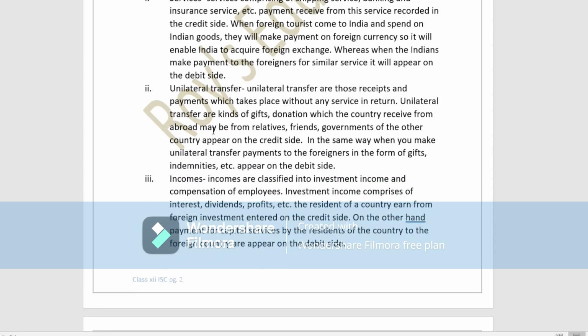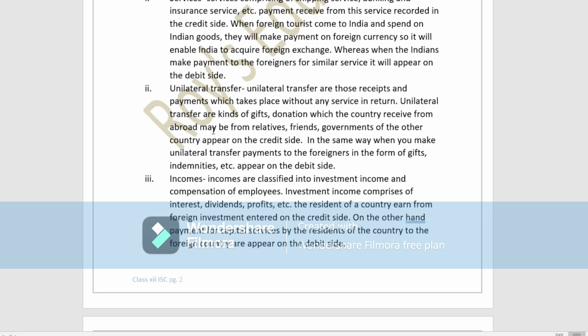Next is unilateral transfer. Unilateral transfer means the payment which takes place without any service in return. That means when we are giving gifts to foreigners, in return we are not receiving any benefit. We are just giving the gifts. Donation is also one kind of unilateral transfer.